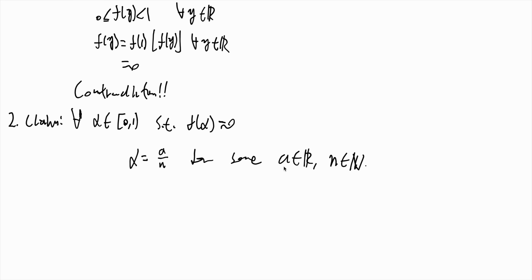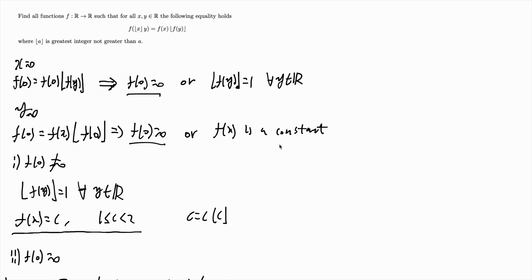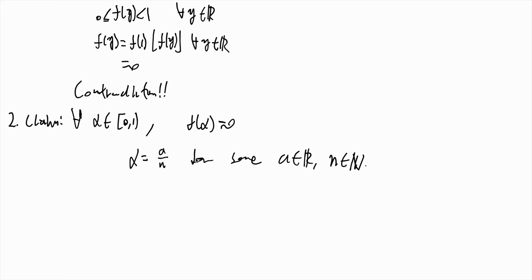Okay, now here, this statement is strange. So what we're going to do here is notice that we have, I'll just write it again here. Multiply n, we get alpha and n.